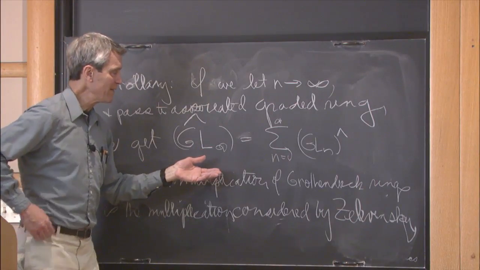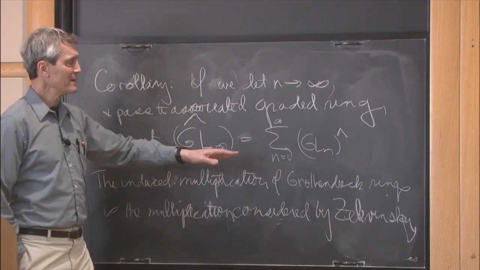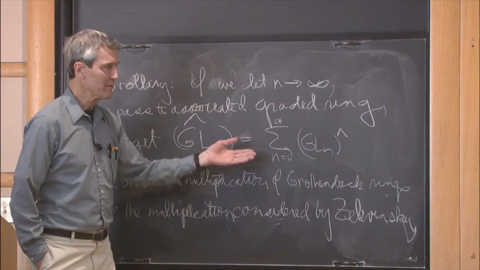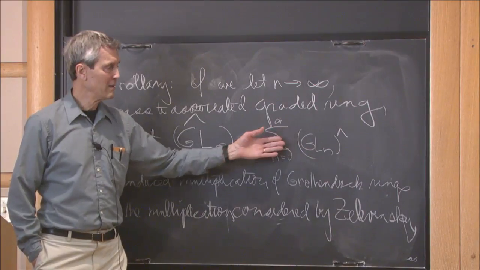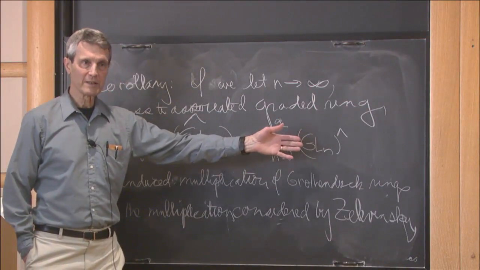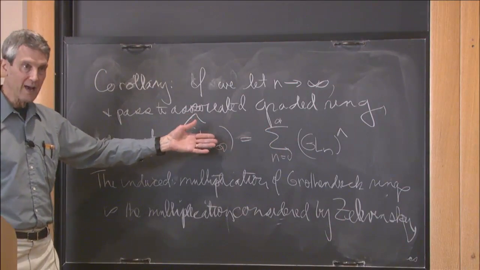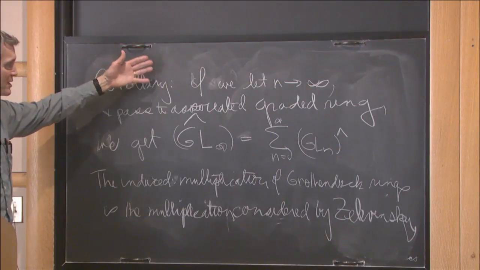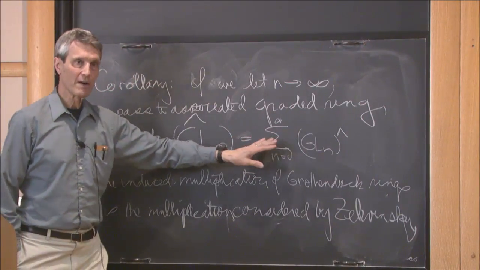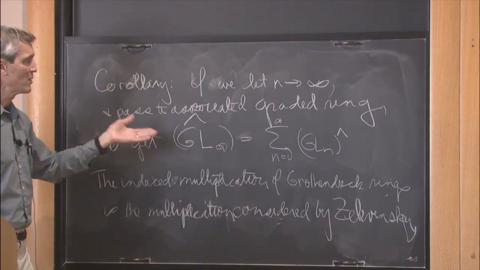I think when Zelevinsky did this, it seemed slightly bizarre, artificial, to take the sum of all these things over n. But that's in fact what you get if you take the dual of GLN, grade it by rank, and pass to n going to infinity.